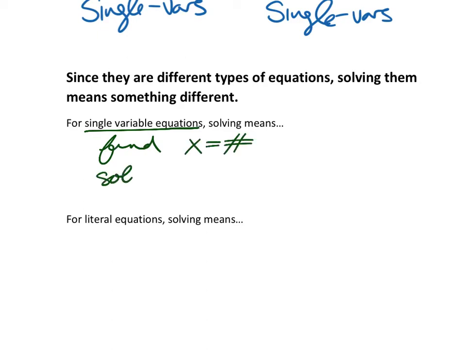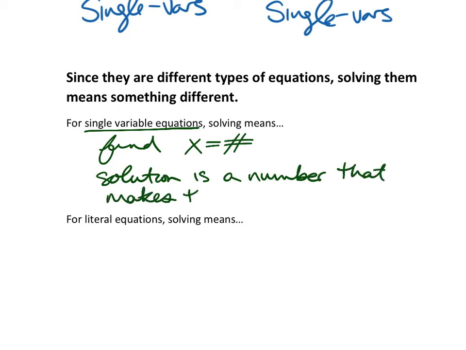The solution is a number that makes the equation true. That's how we've been solving all of our equations up until now. We've been finding a number or a solution that makes the equation true. We're looking for a single number, x equal number, y equal number.